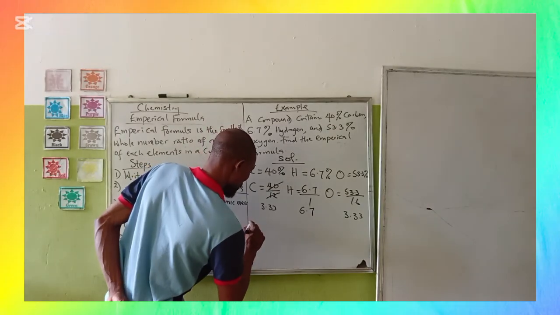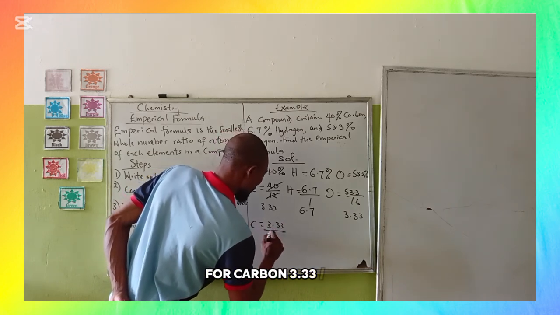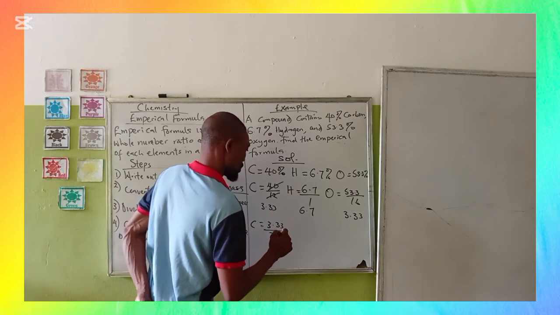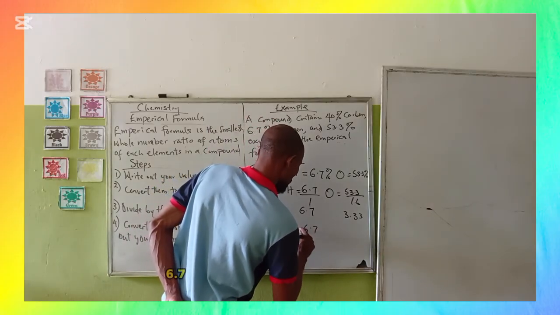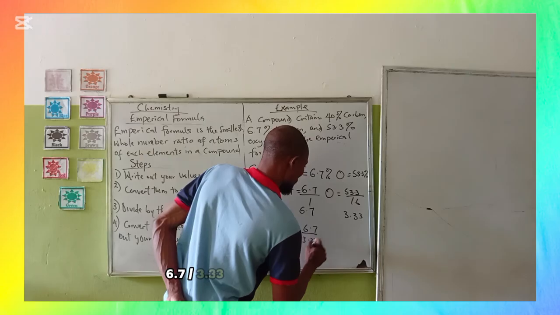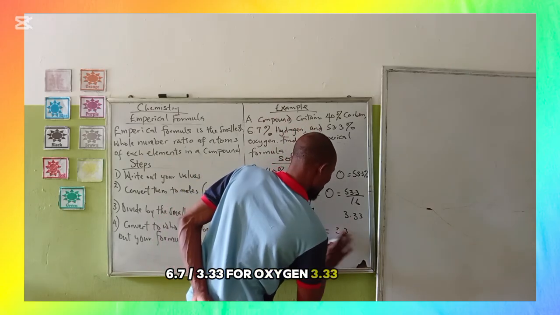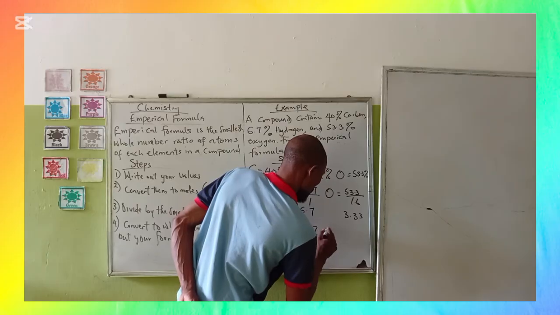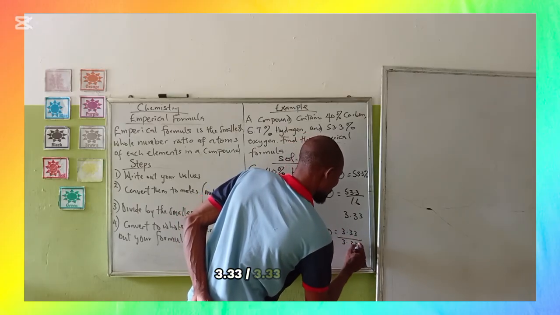So for carbon, 3.33 divided by 3.33. For hydrogen, 6.7 divided by 3.33. For oxygen, 3.33 divided by 3.33.